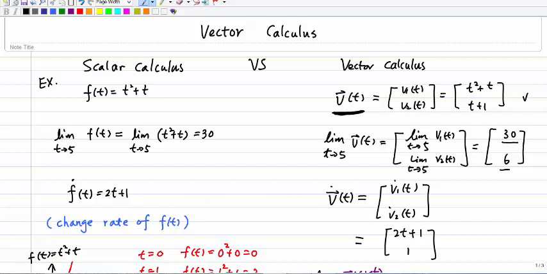And the derivative of v2(t) will be the derivative of t plus 1 over dt, which just gives us 1.